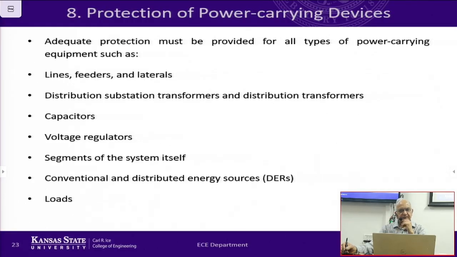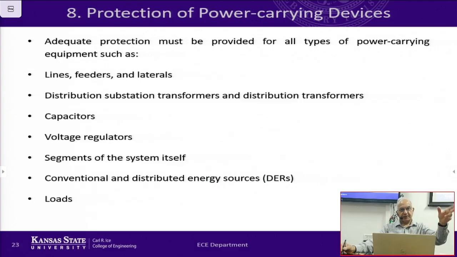So what are the protective devices? This is just a title: protection of power carrying devices. How do you do that? What are the devices? So we have lines, feeders, which include feeders and laterals, distribution substation transformers, and distribution transformers.